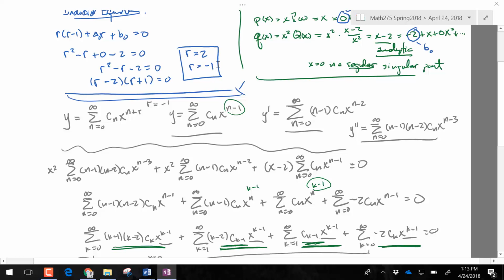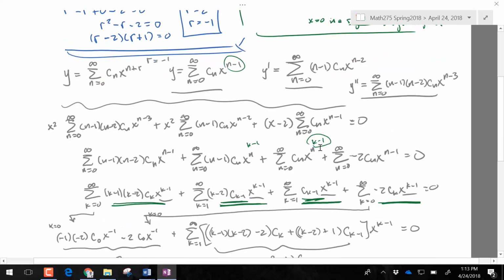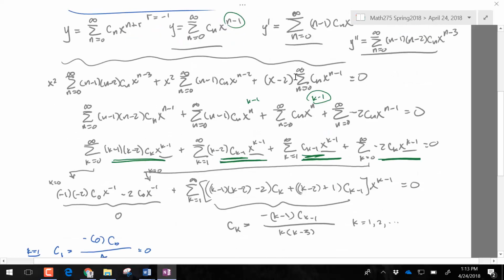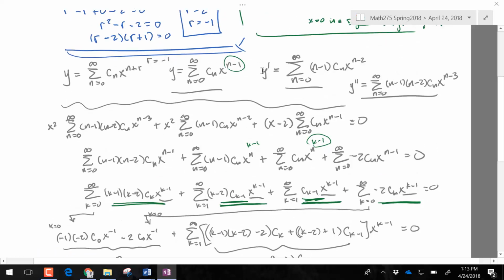Which is a power series that would be obtained from r is equal to 2. Well, I don't know. You want this for extra credit?